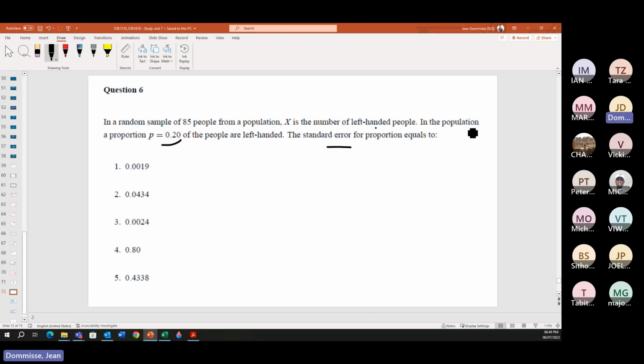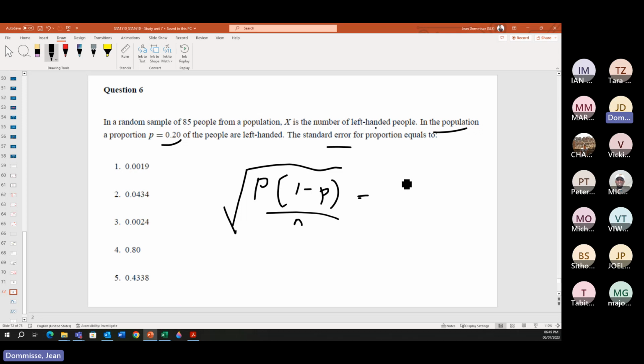Remember, we're now working with population proportion, so we have the P's. Standard error of that, so 0.2 times 0.8, and that divided by n, which is 85, and the square root.